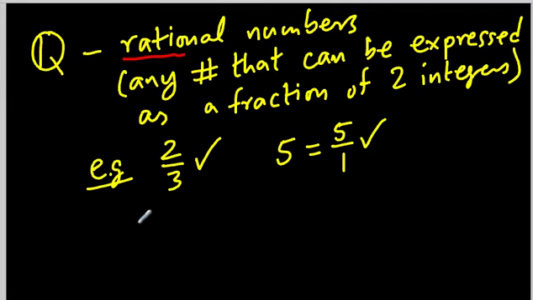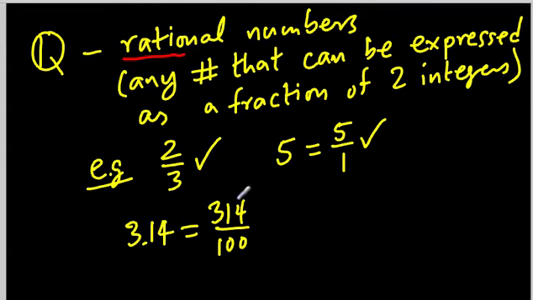Let's take a number like 3.14. Even though this is a close approximation to pi, it isn't pi. It's simply 3.14. And this too can be expressed as a fraction of two integers. If I write 314 divided by 100, this is a ratio of two integers, because 314 and 100 are both integers, and therefore this is also a rational number.